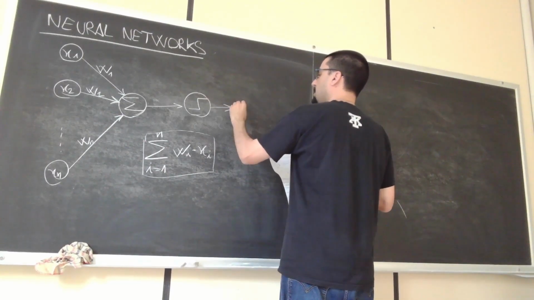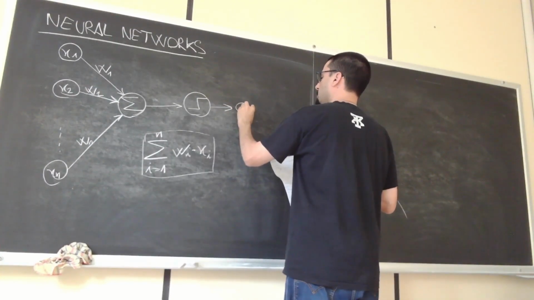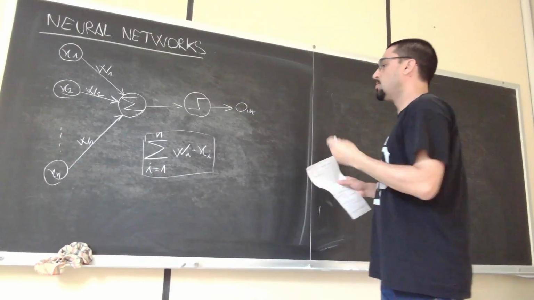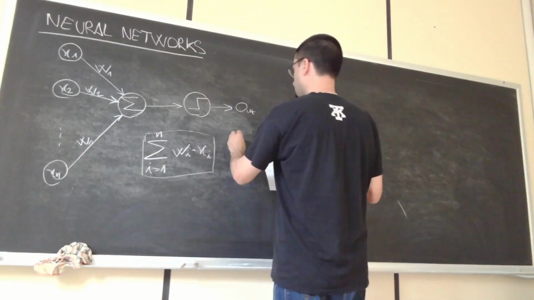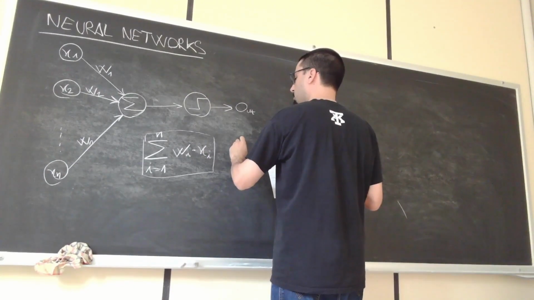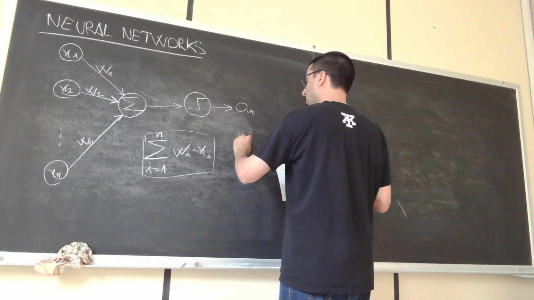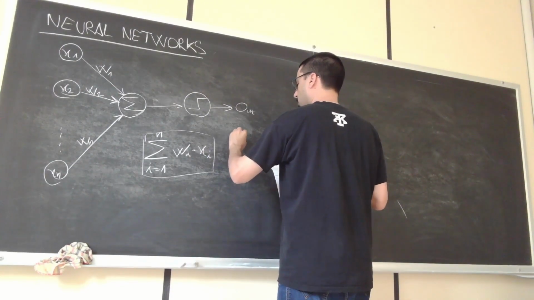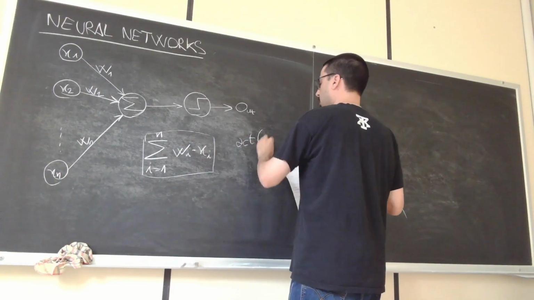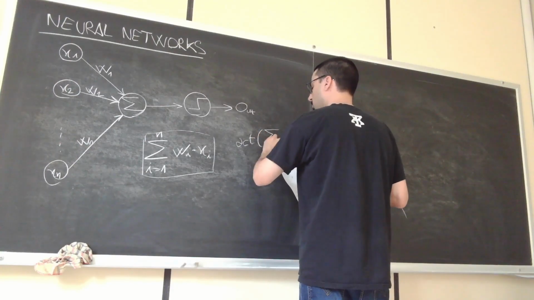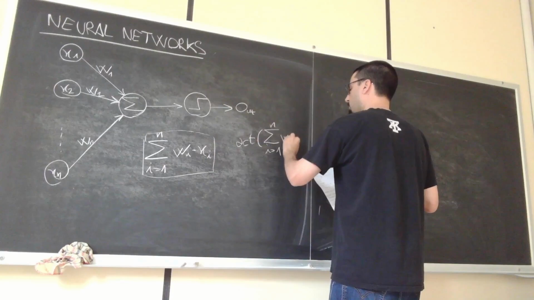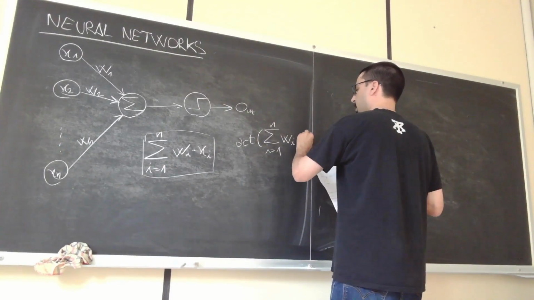And this will be the output of the neuron. So the whole artificial neuron is composed of a function, let's call it act, of this linear combination: the sum from i from 1 to n of wi times xi.